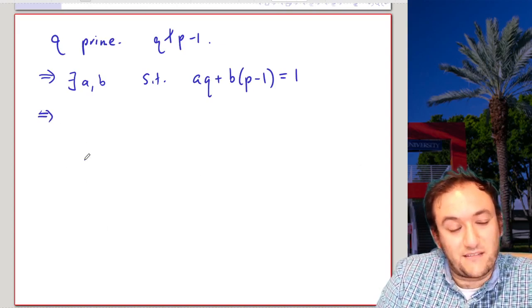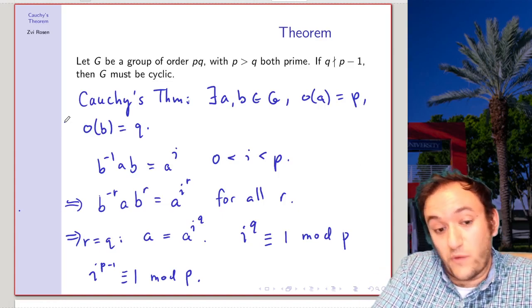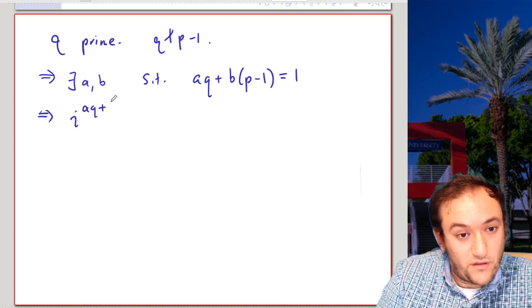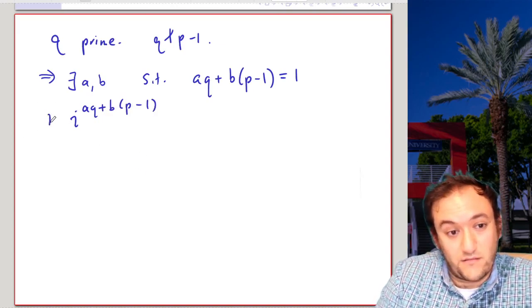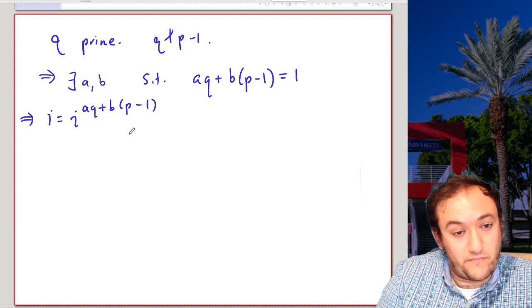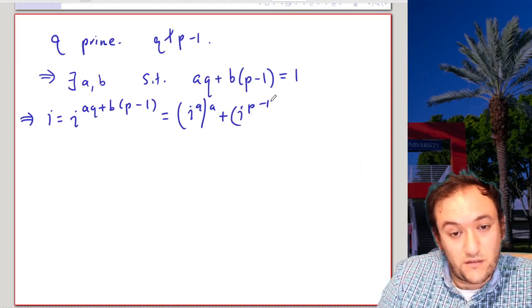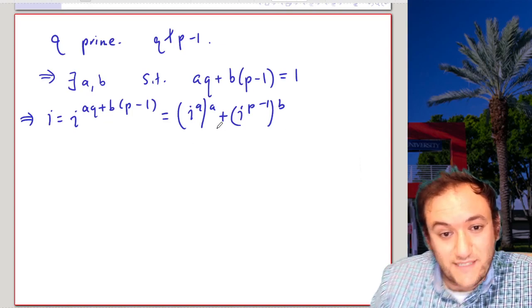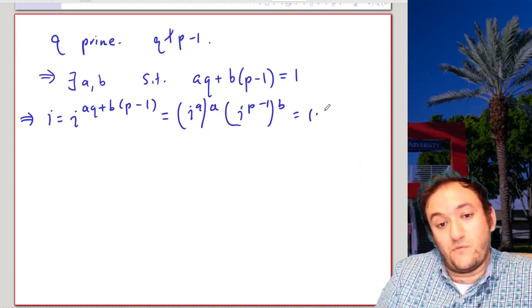Again, because I to the Q and I to the P minus 1 are both congruent to 1 mod P, I to the AQ plus B times P minus 1, which is just equal to I to the 1, is equal to I to the Q to the A times I to the P minus 1 to the B, which is just equal to 1 times 1, or 1.